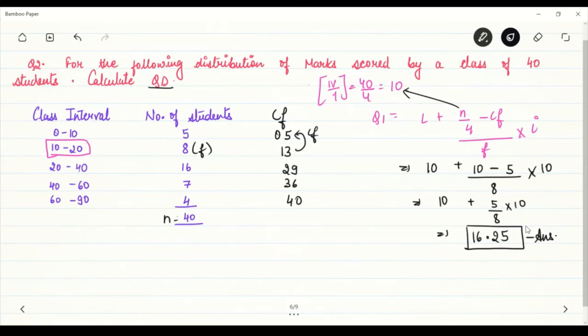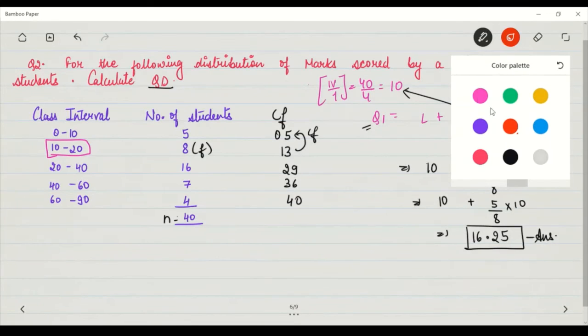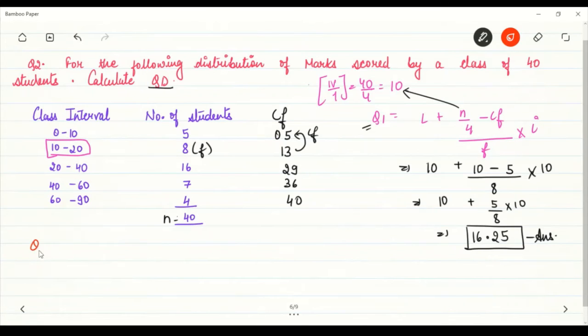Now let us calculate Q3. Similar to this, what is the value of Q3? Q3 is the size of 3 into n by 4th value. So that is 3 into n, what was the n over here? We are having n as 30, by 4.